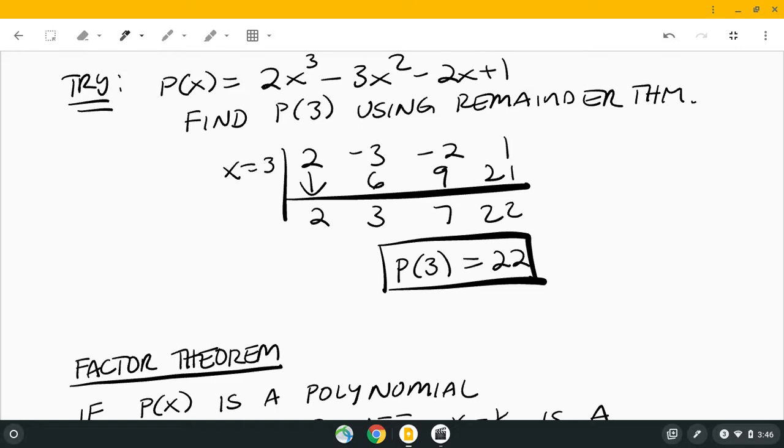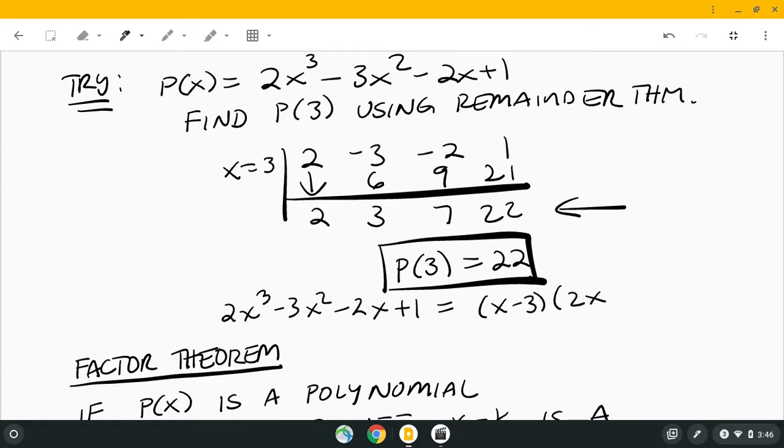Here we can say 2x cubed minus 3x squared minus 2x plus 1 is the same as x minus 3 times this polynomial, 2x squared plus 3x plus 7, and then plus our remainder, which is 22.